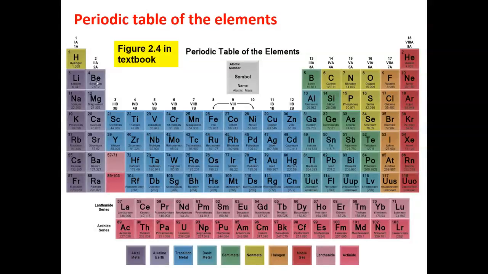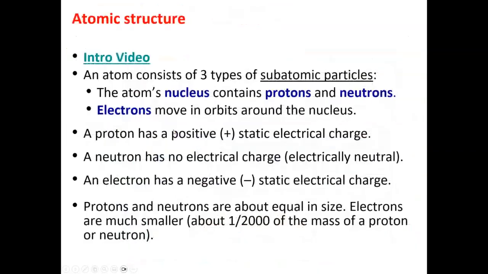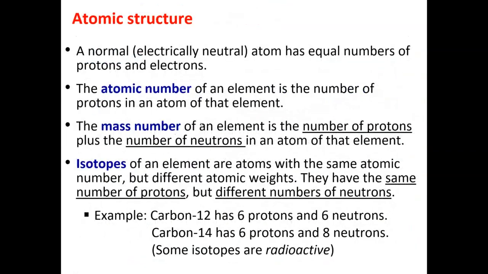That number is very similar to the mass number. It's very close to the mass number, but it's just a tiny bit different. And the reason for that is isotopes. An isotope is atoms of the same element that have a different number of neutrons.